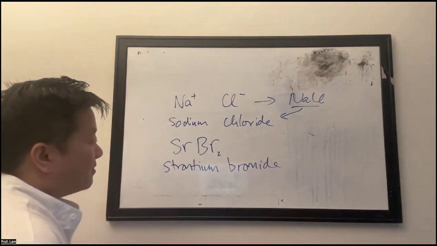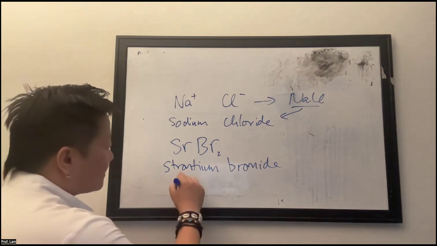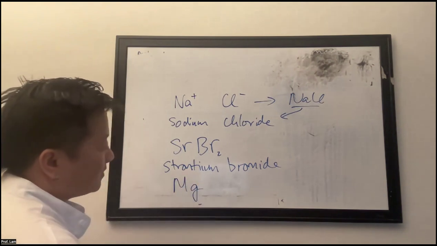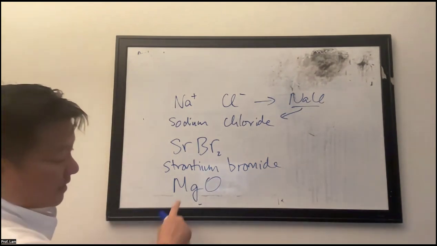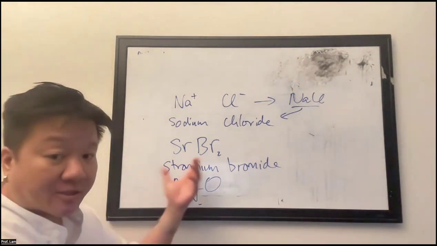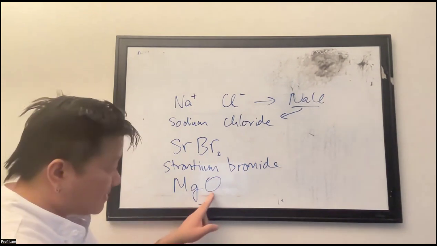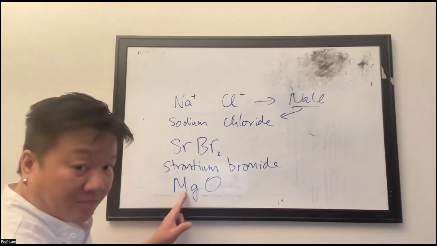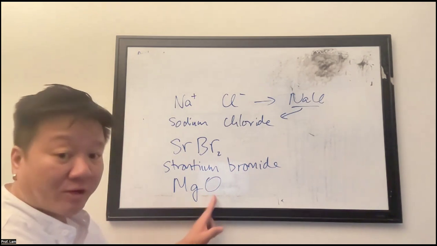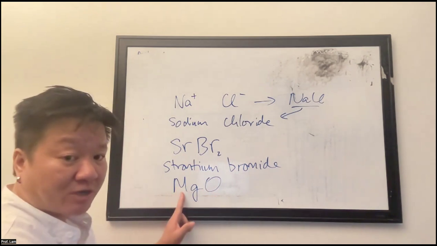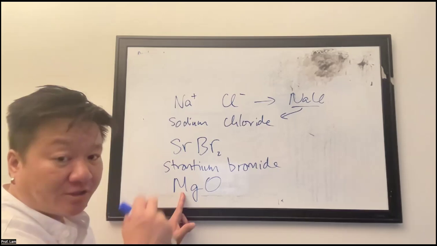One more example. Let's do MgO. Again, a metal and a non-metal, so you know it's ionic. So you know that the metal is something positively charged and the oxygen is something negatively charged. And we can figure that out too. Mg is in what group, guys? 2A.